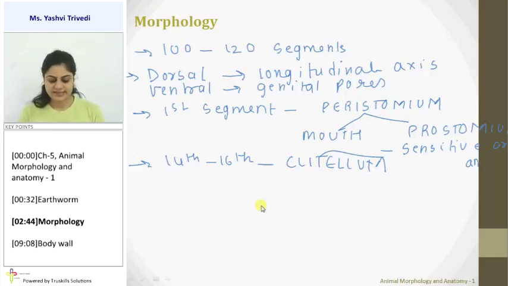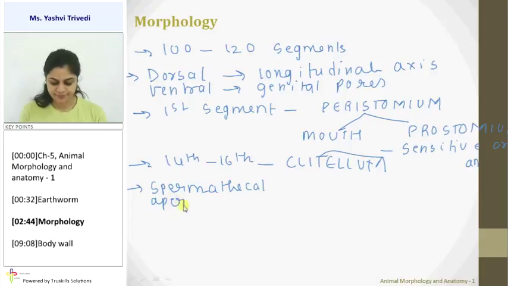Then there are structures called pores, basically spermathecal pores, or I can say spermathecal apertures. These apertures are there to store the sperms.